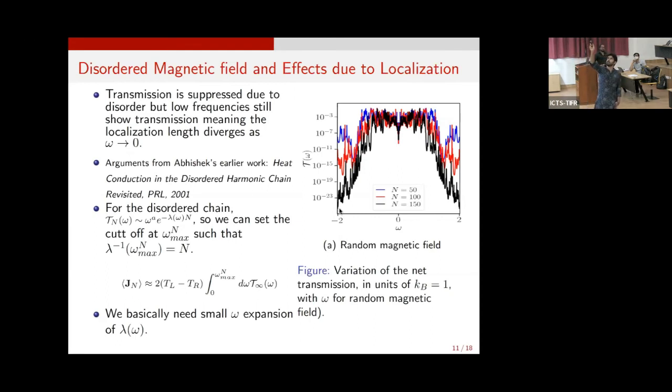Another thing you may note is that below the sharp cutoff, the transmission is really independent of the system size. It stays the same. And the third thing is that the cutoff itself is somehow dependent on the size n.